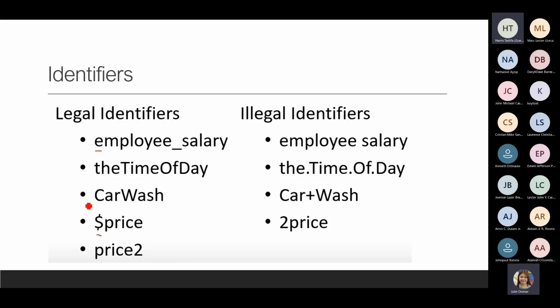And then, an identifier can contain only letters, digits, underscores, or a dollar sign. Hindi po siya pwede yung may space. So again, white spaces are not allowed, and it cannot be a reserved word, such as public or class. Unless, since case sensitive siya, di ba ang public natin, it started with a small letter p.